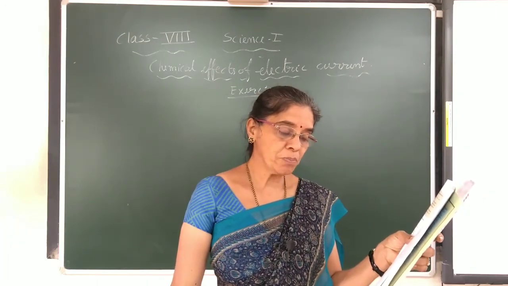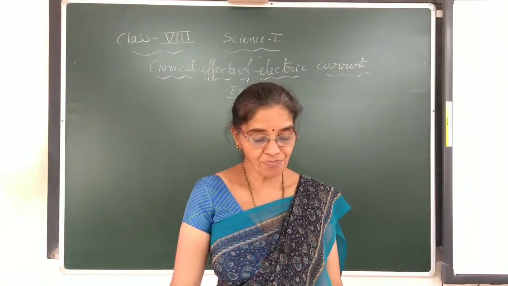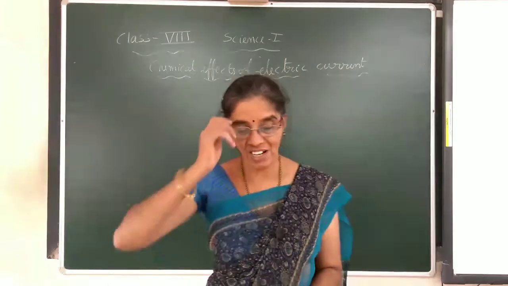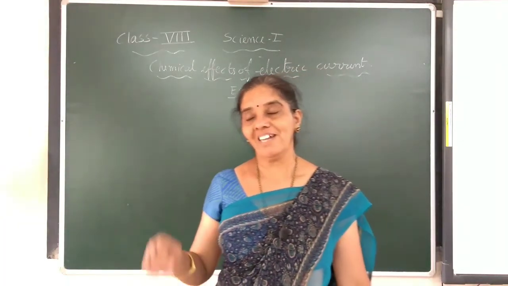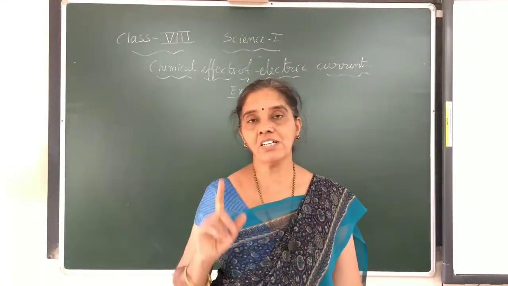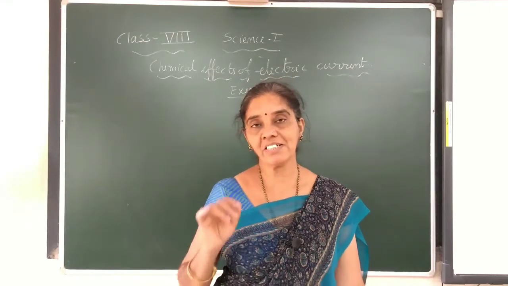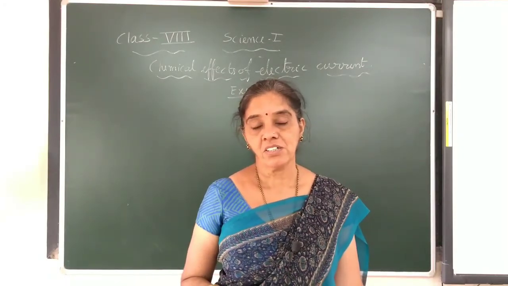Which electrode should be attached to the positive terminal of the battery and why? We have seen that usually in electroplating, at the cathode, the metal which is connected to the negative terminal, metal is deposited when you pass the current.